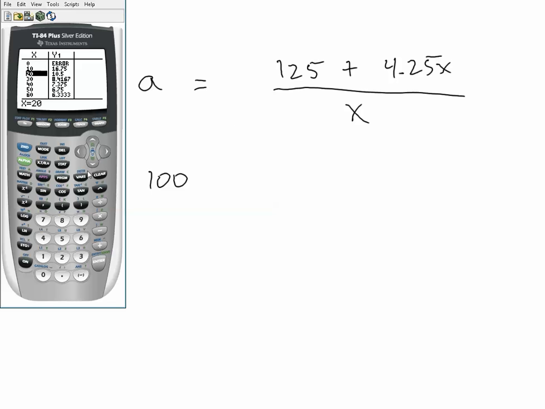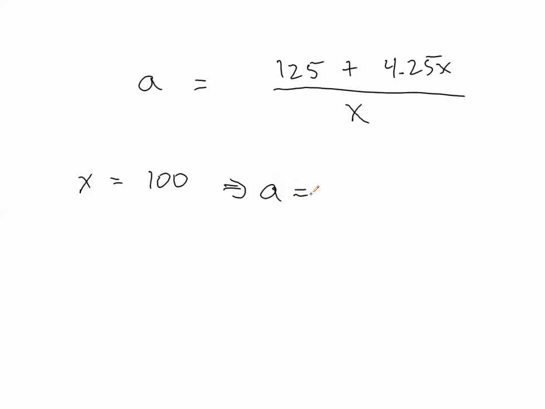But as we go up, we notice that the cost per person drops pretty dramatically at first. It goes from $16.75 to $10.50 if you increase by 10 people. But if you go from 50 to 60 people, that cost per person doesn't go down by quite as much. So 100 people is going to result in an average cost of $5.50.